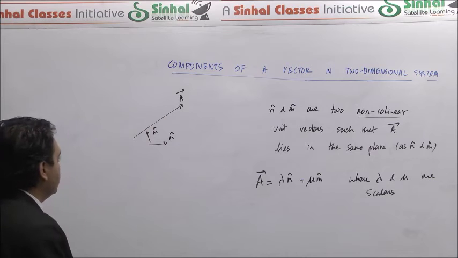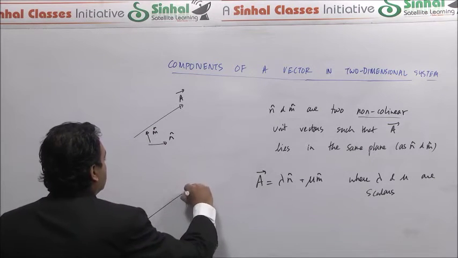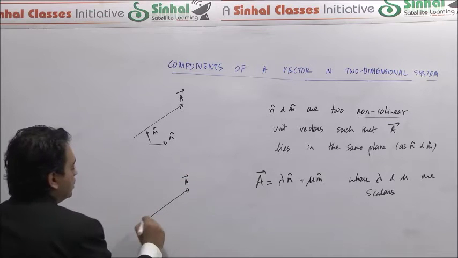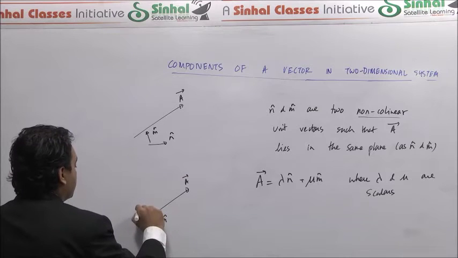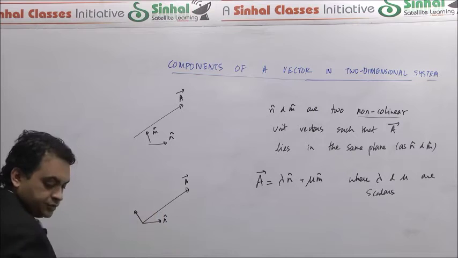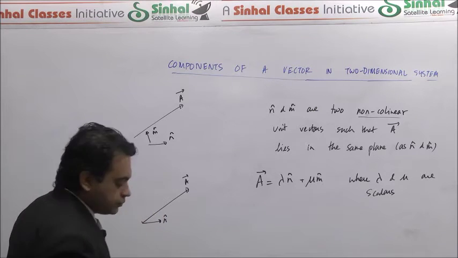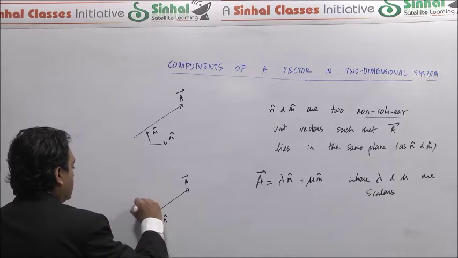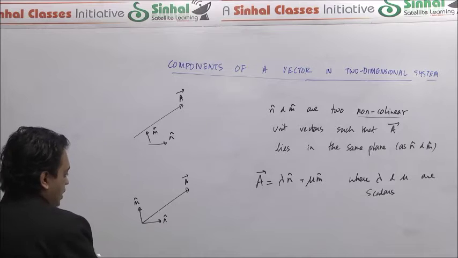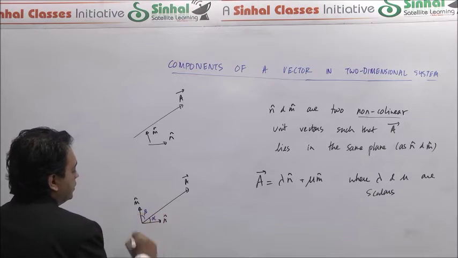So if you are to draw all three vectors, A, n cap and m cap, something like this, from a common origin, and let us say that this particular angle here is alpha and this particular angle here is beta.